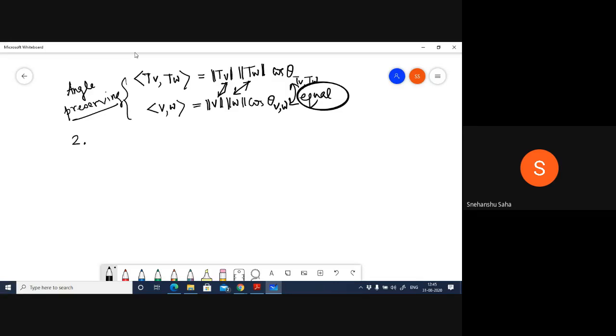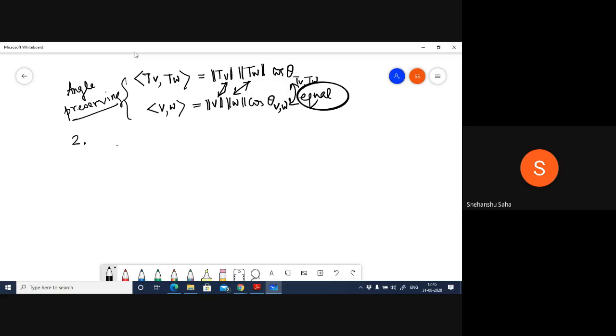Your domain and range could be exactly the same, but that is not a necessity; they can also be different from each other. Here they are different: capital V and capital W. So we can apply the same transformation on the vectors from V and also from W. Yes, of course.